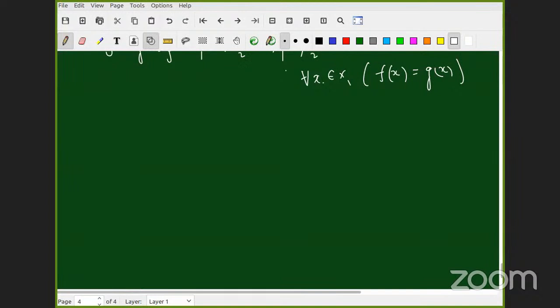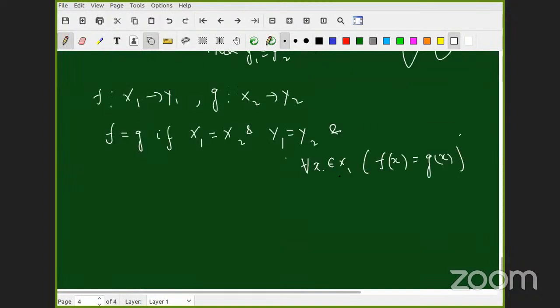Have you understood the definition of equality of functions? First, the domain should match, then the codomain should match. If one of the three conditions fails, I'm not going to say equal. Third, for each x in the domain, f of x and g of x should agree.